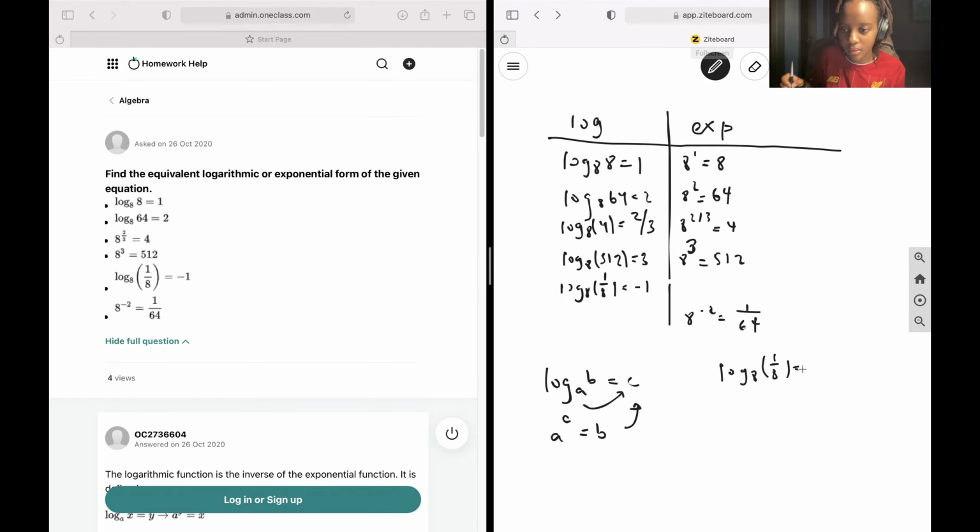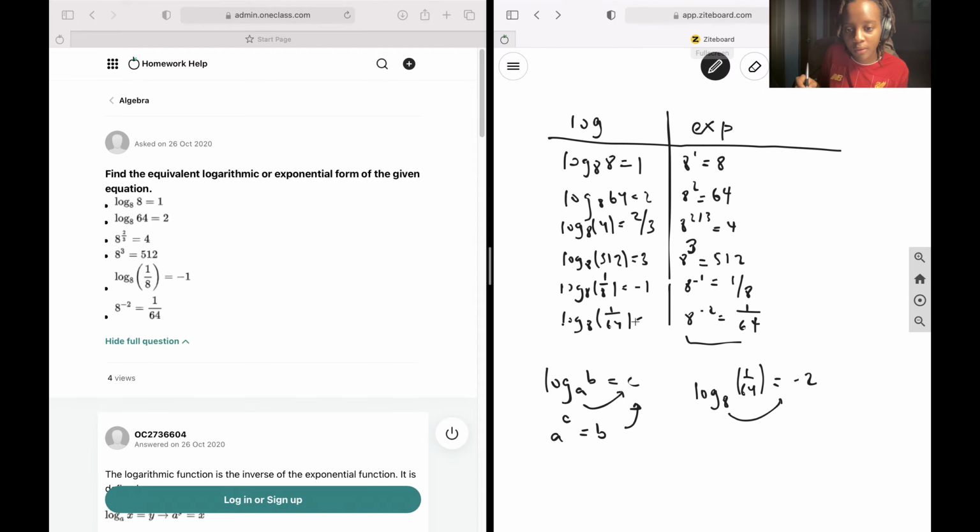And for our last one, which is reversing that, we have log to the base of 8 of 1 over 64 is equal to negative 2. So the reverse, in order to get it back into this form, 8 to the power of negative 2 is equal to 1 over 64. And we're done.